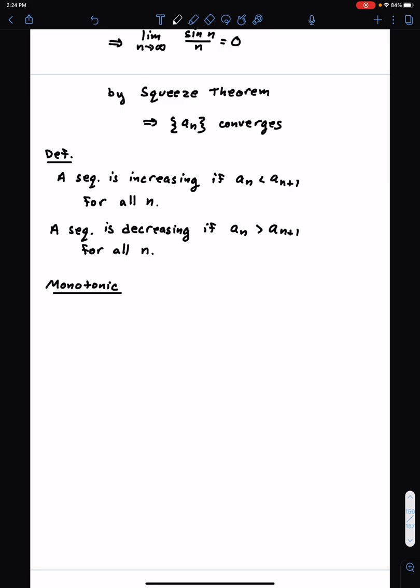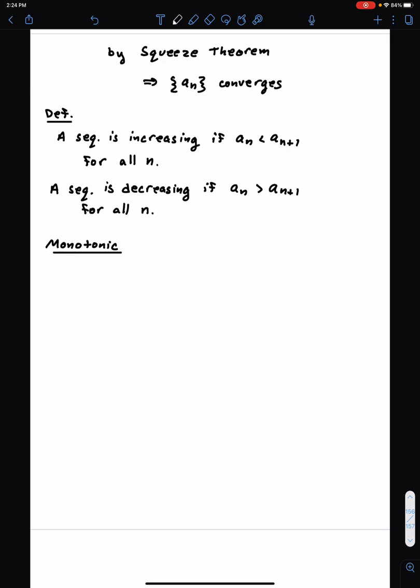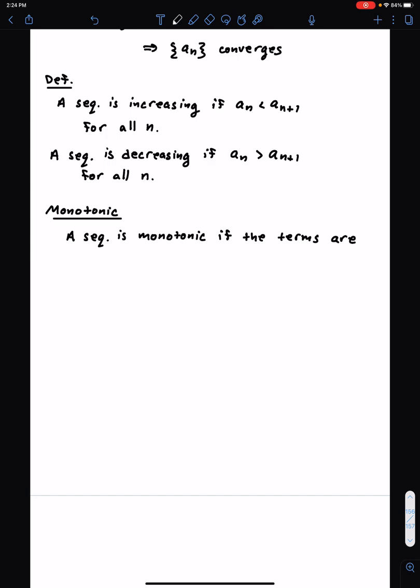Definition of monotonicity or monotonic: a sequence is monotonic if the terms are either non-decreasing or non-increasing.